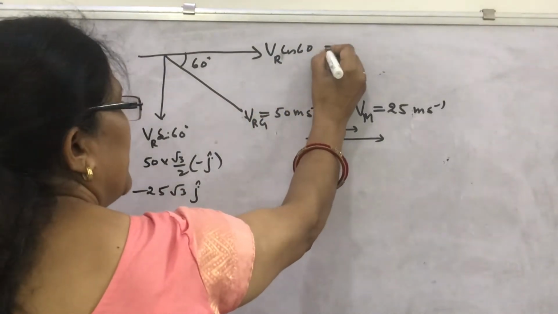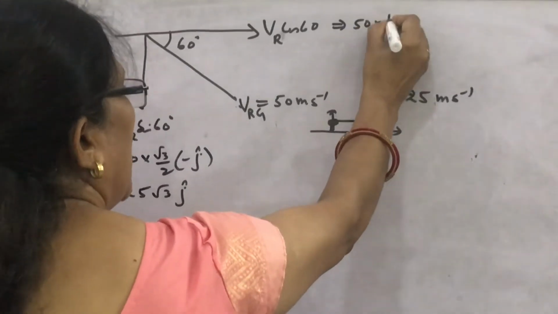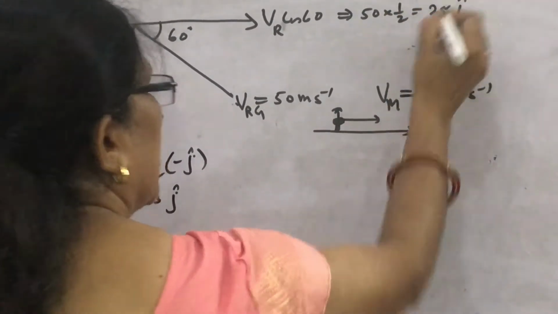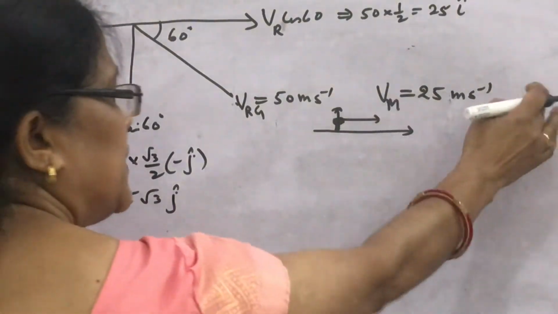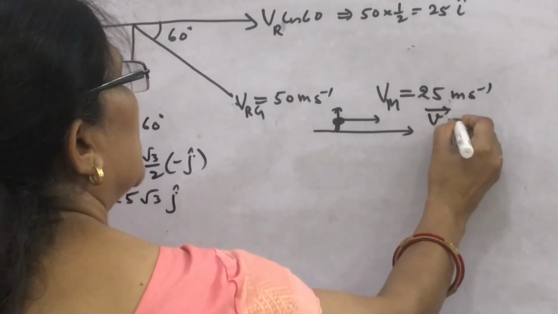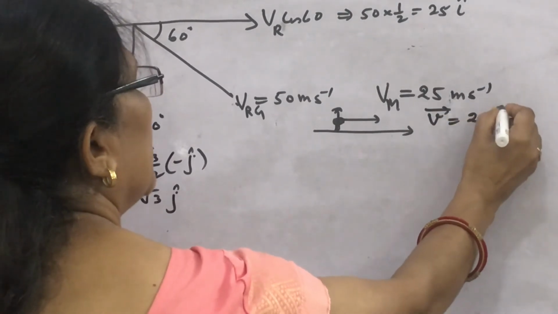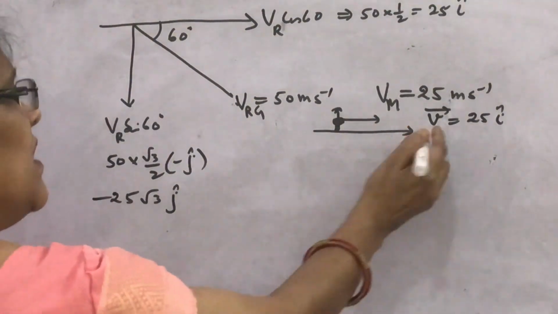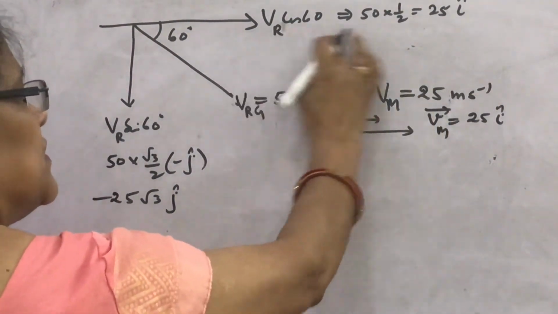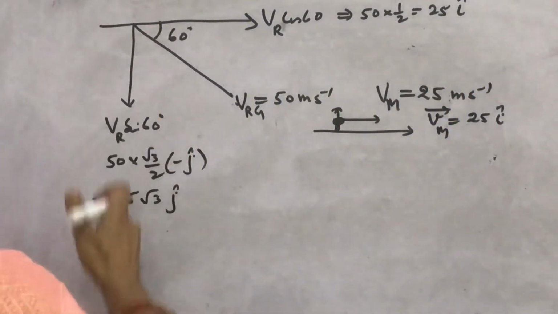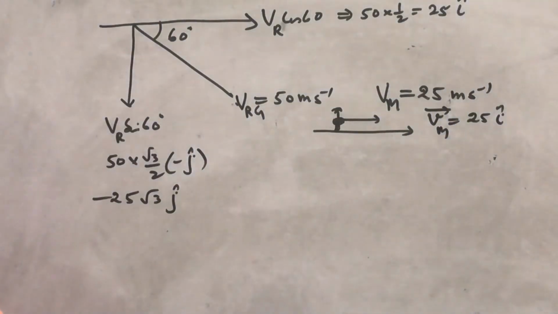Similarly here, what will you write? 50 into half, that is 25 i cap. What about the velocity of the man along the positive x axis? You will write here 25 i cap. Is it clear? This is the velocity of the man, this is the velocity component of rain in this direction, and this is in the negative y axis direction.